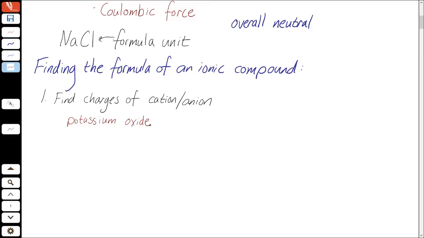So how do we do that? How can we figure out what charge potassium should have as an ion? Everybody's looking at the periodic table, which is good. That's exactly right. What information do you get from the periodic table in that regard?